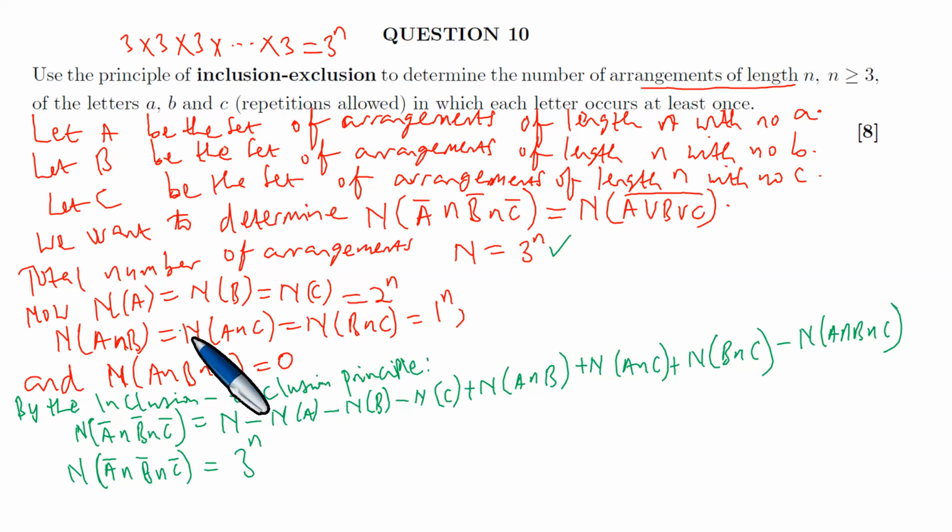And then we have done A, B, and C, each 2 to the power n, but there are three of them, so you can look at 3 times 2 to the power n. Then the pairwise intersections are 1 to the power n. You can view that as just 1. So if you add all of them, it's going to be 3. And then this one here is 0. So this is the result.